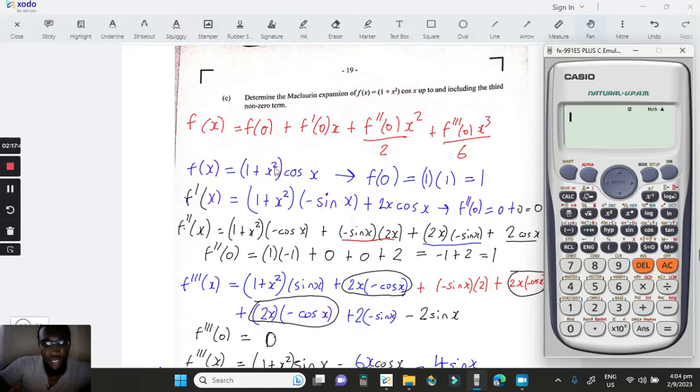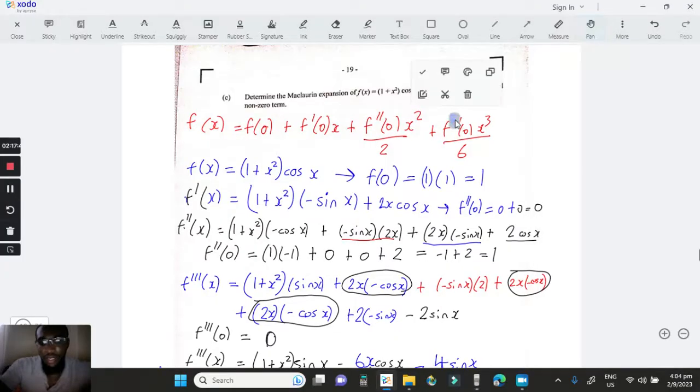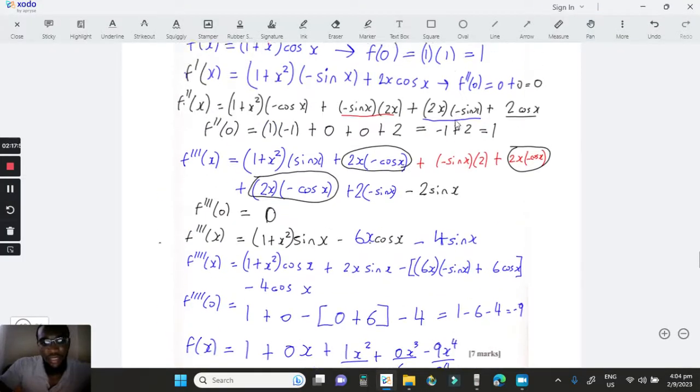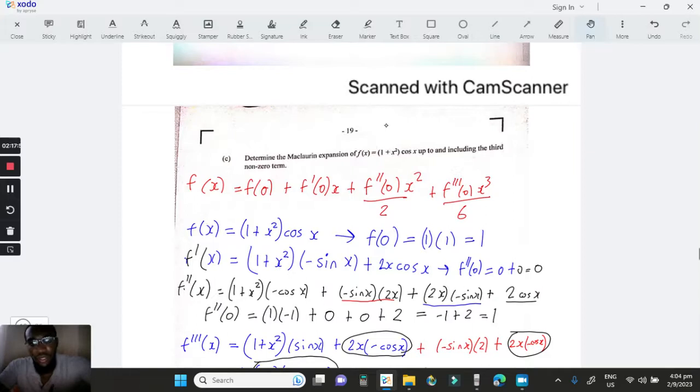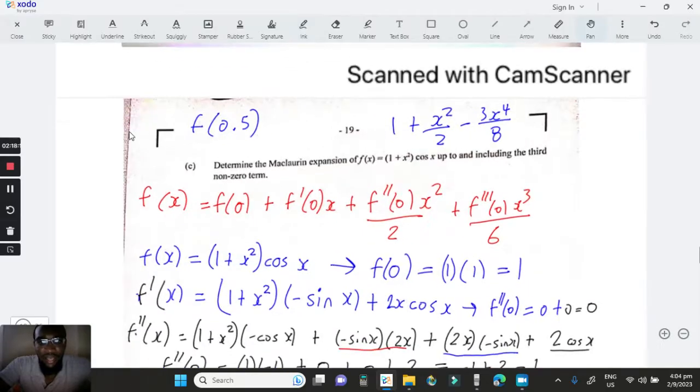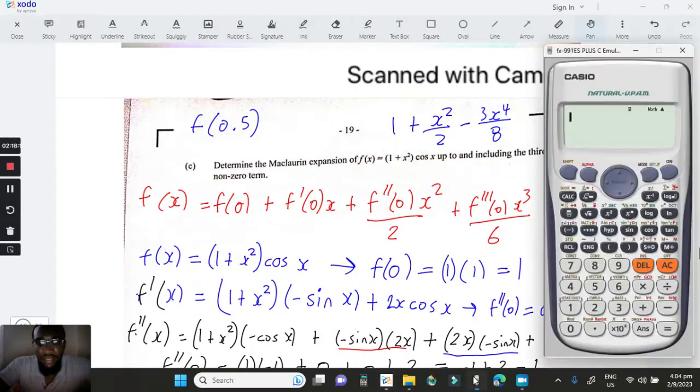So just to continue now, plugging in, you can test it to see if your answer is right. Our answer was 1 plus x squared over 2 minus 3x to the 4 over 8. You can check it by trying maybe f of, let's put x as 0.5. Remember, just testing. And your calculator is supposed to be in radians.